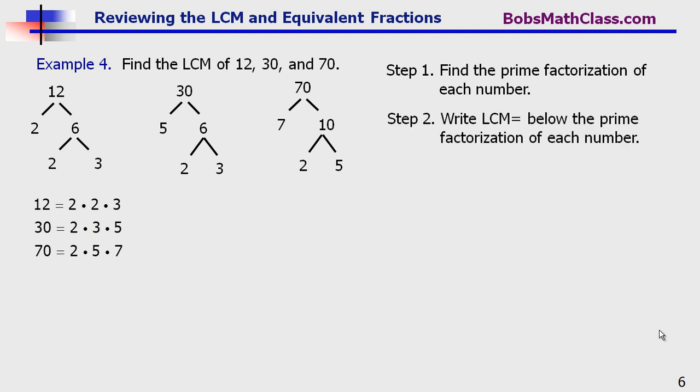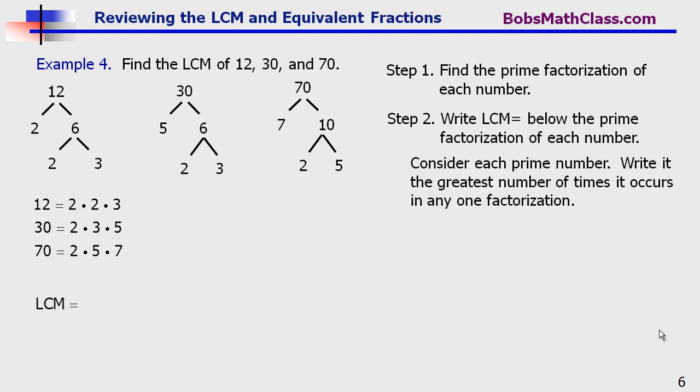Okay. Now we're going to write the LCM below that. LCM equals. And then here's the fun part. Consider each prime number. Write it the greatest number of times it occurs in any one row. So the number 2. What's the greatest number of times that it occurs in one row, and one row only?